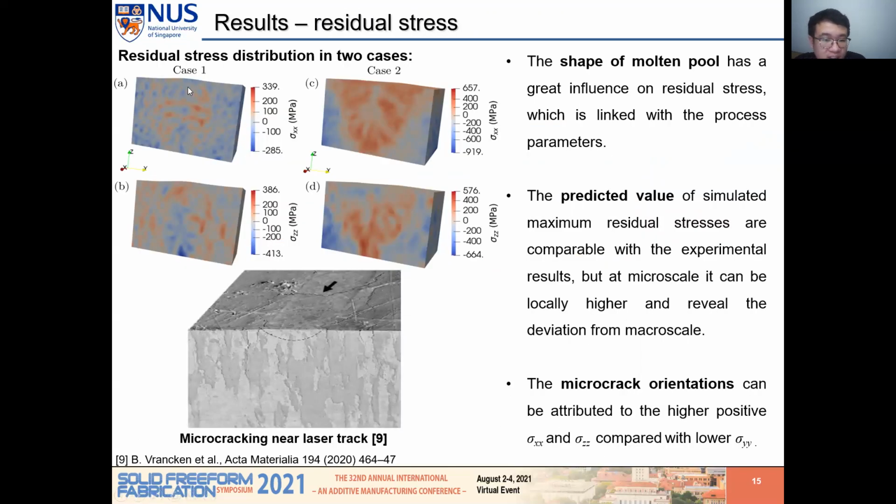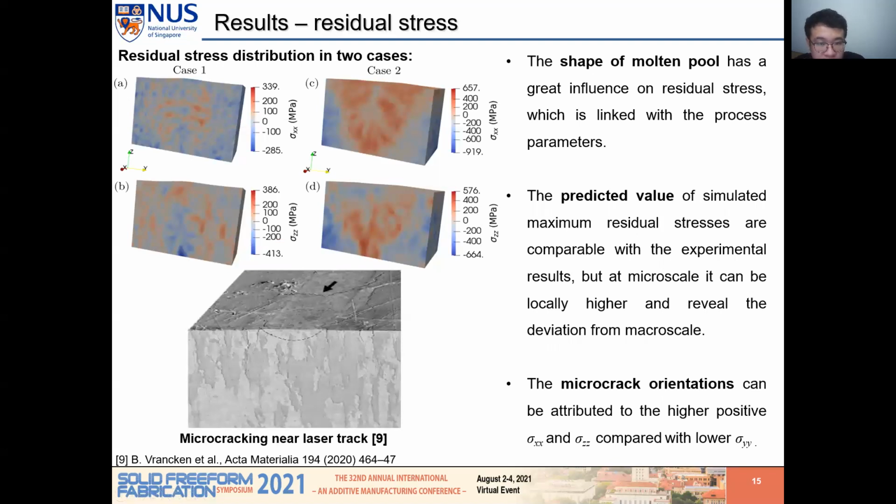Then if we look at the residual stress components on the plane, we can find the distribution is correlated with the shape of the molten pool and the grain morphology, and concentrates on elongated grains and resembles the shape of the molten pool.